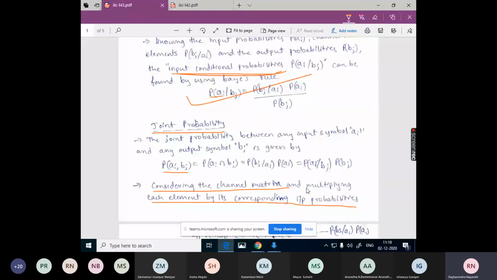Third, are the events A1 and B1 statistically independent? We need to comment on this in our own words, analyzing whether A1 and B1 are statistically independent or not. So let's go with the first one. This is the JPM given.